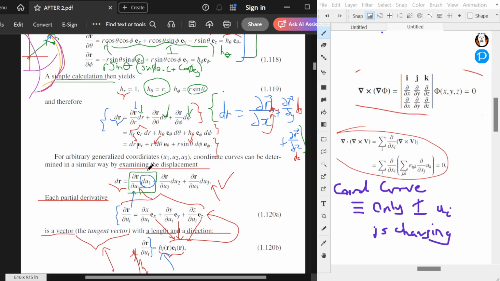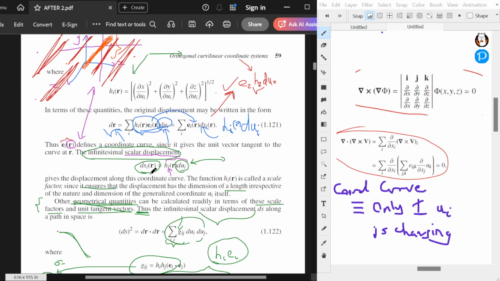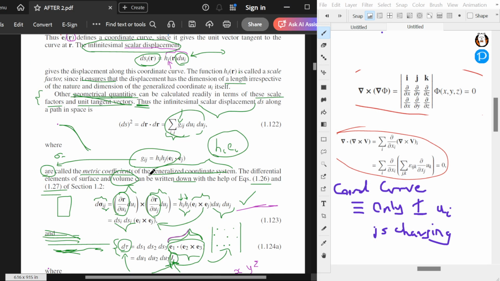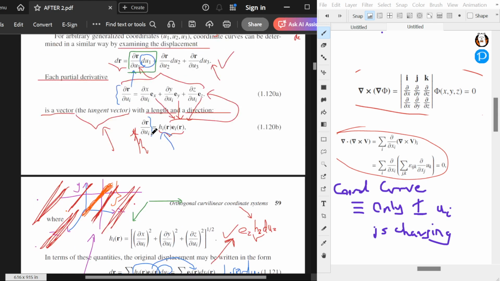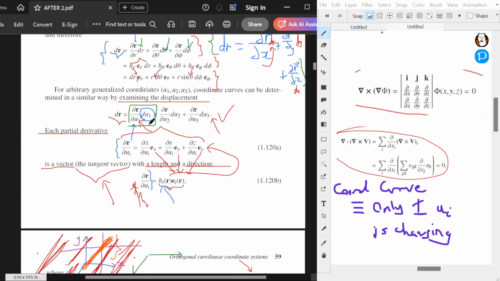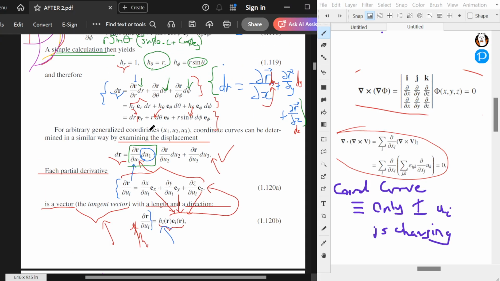So the X component, not the X component, the one component. What is the one component here? Because maybe there's components in here that is also one.